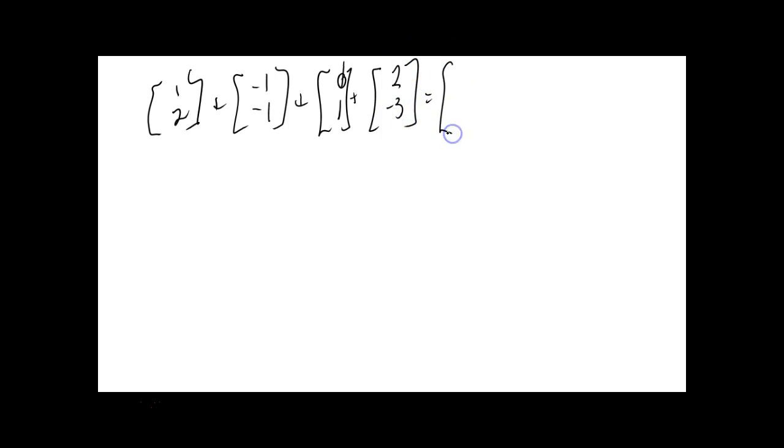What would that be equal to? Add all the corresponding elements. 1 plus -1 is 0, plus 0 is 0, plus 2 is 2. 2 minus 1 is 1, plus 1 is 2, minus 3 is -1. Pretty simple to do.